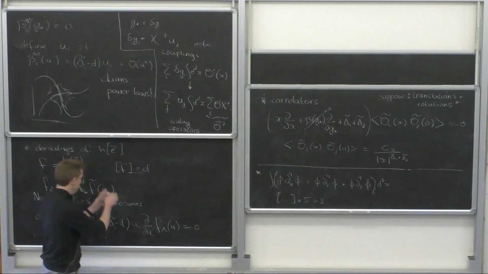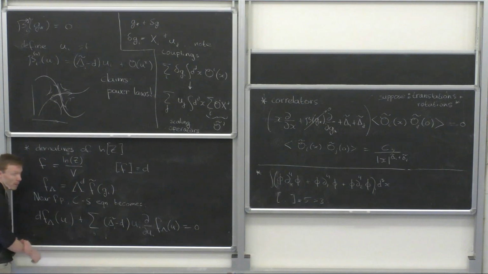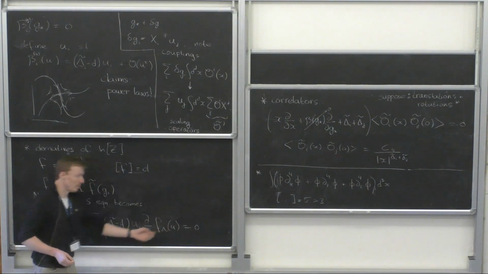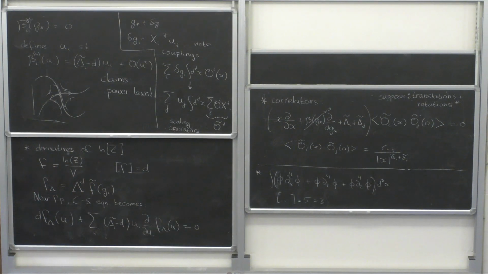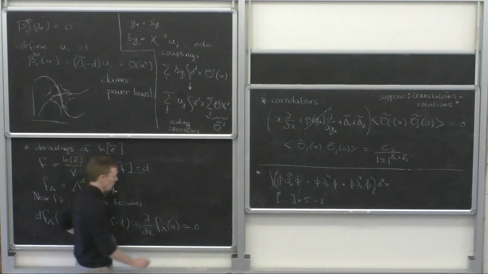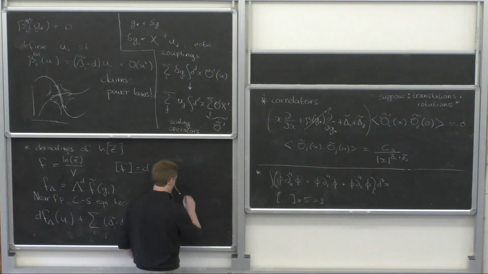There's an inhomogeneous piece in the Callan-Symanzik equation for the free energy. But that inhomogeneous piece does not affect what I'm going to say next about the power law scaling. The leading power laws come from this piece, and all the extra bits from the inhomogeneous piece don't matter. So this is not really true.